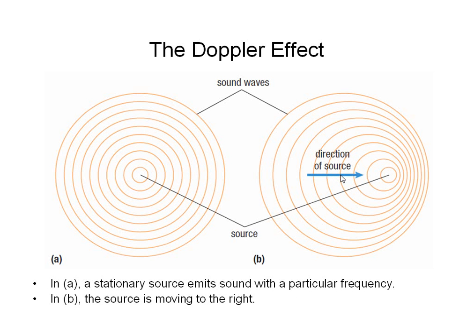The source means, for example, you, when you are singing, the source of the sound is you. So when you are going to the right, the audience in front of you can hear a higher pitch, which means shorter wavelengths, and people behind you can hear a lower pitch, which means longer wavelengths, or say a more coarse sound. Got it, right?